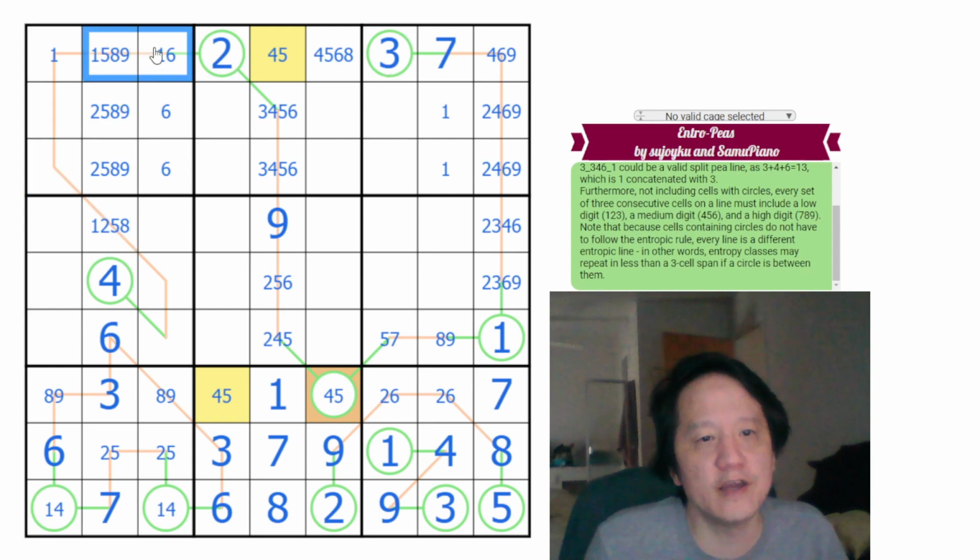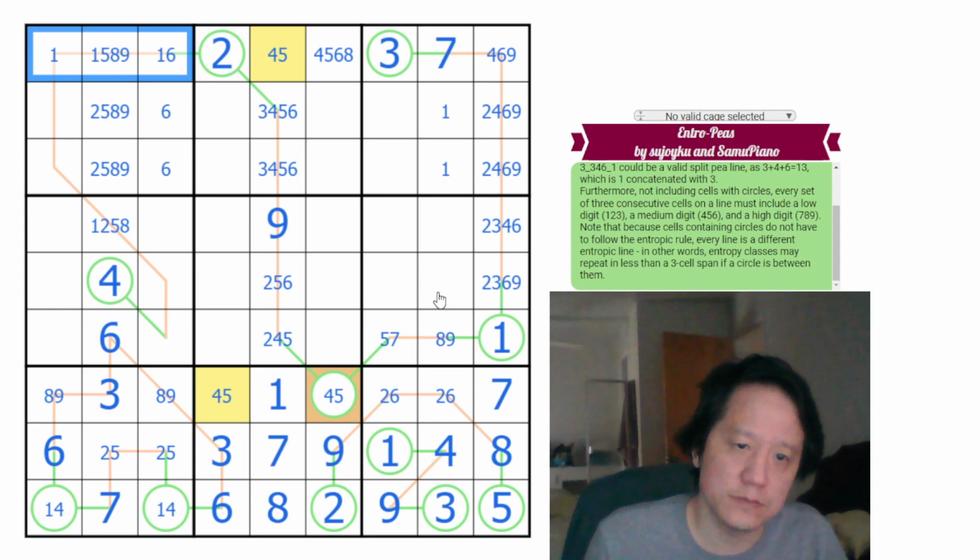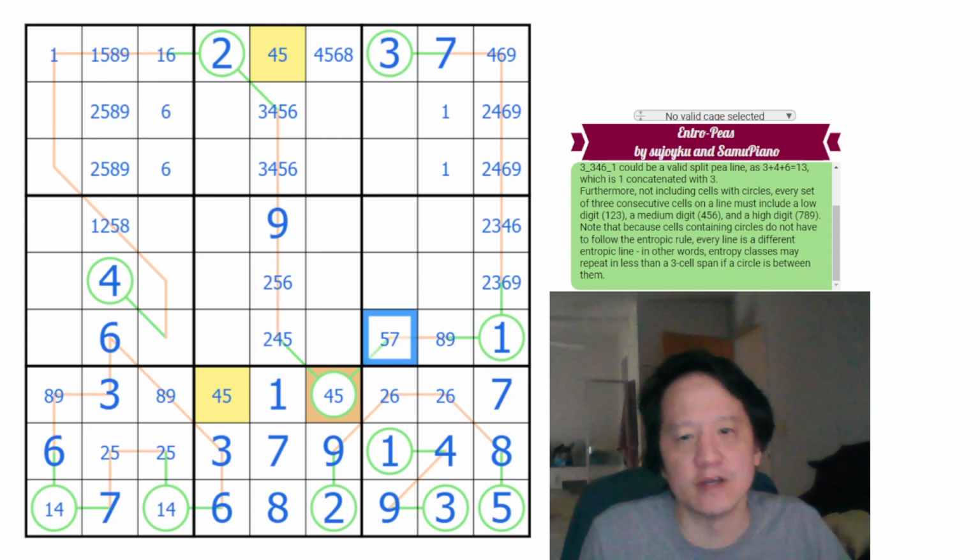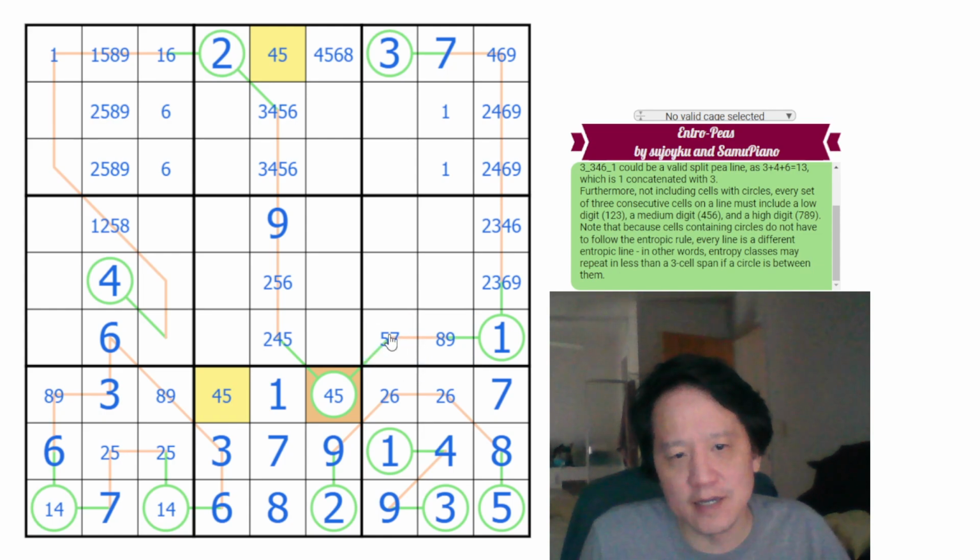So 1 of 8 or 9 is here too. So we have a 1. Oh, this can't be 7, 8. This has to be 5 and 9. So that adds up to 4. So this is 5. This is 5.